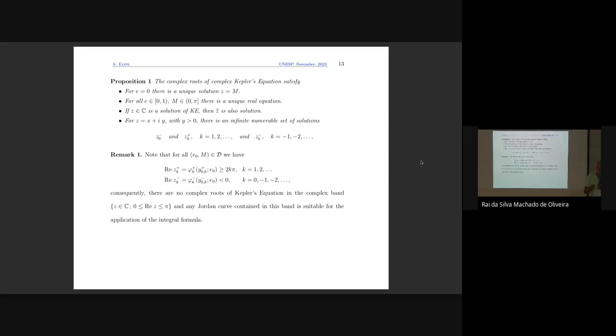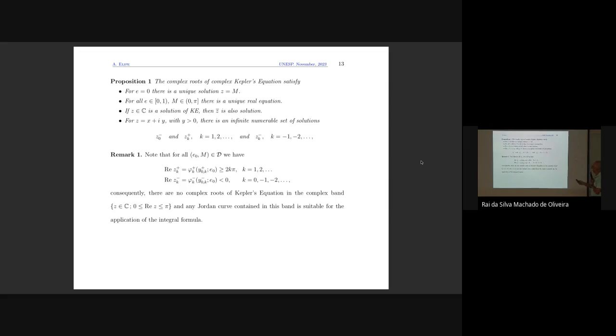That is the solution that we are interested in, because we are interested in the real solution. If one complex number is a solution, its conjugate is also a solution. And for a complex solution, there is an infinite number of solutions, that is the original plus or minus k pi. So this is the important point.